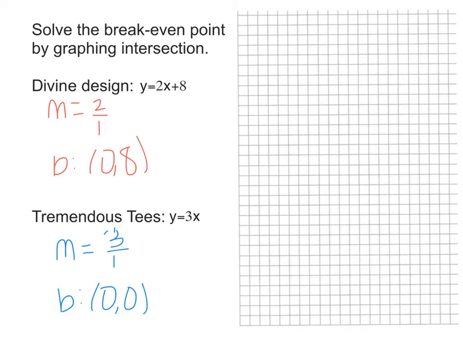I'm going to start graphing. When I begin graphing, I am going to start with Divine Design, and I'm going to plot my y-intercept first. So I'm going to count from the origin: 1, 2, 3, 4, 5, 6, 7, 8, and I'm going to make a point right there.